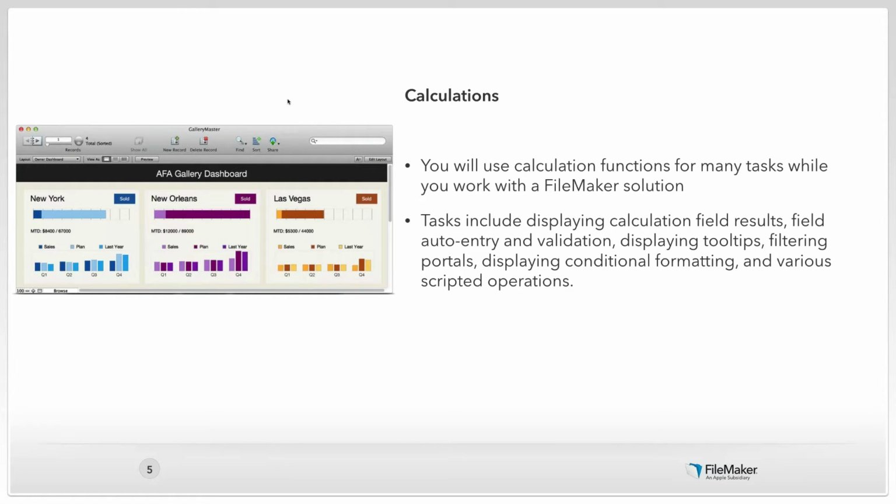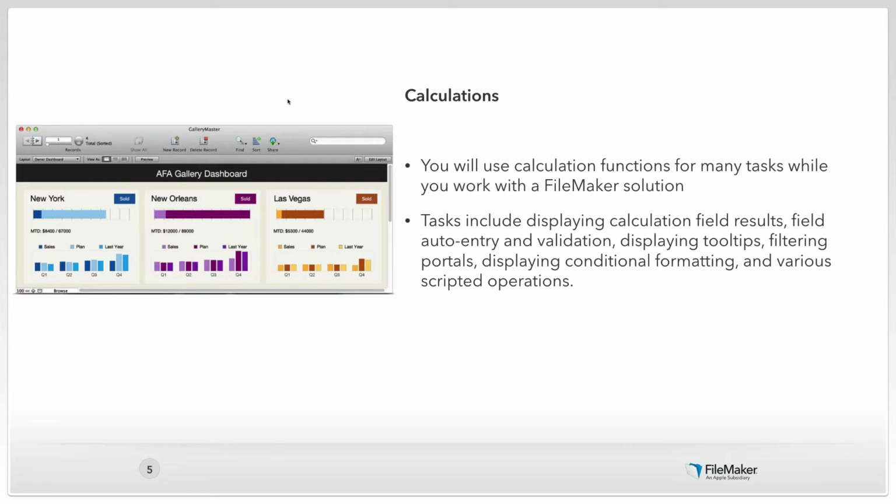So let's look at calculations in a bit more depth. Calculations are obviously very, very important. You can calculate not just on numbers, you can also calculate on text and lots of other different types. They're really used within reports.